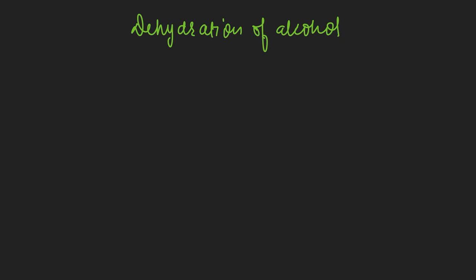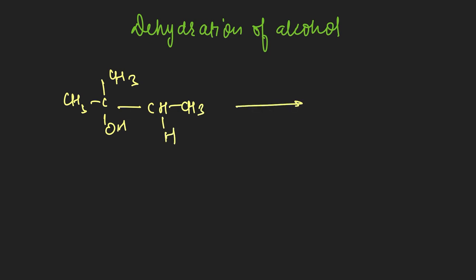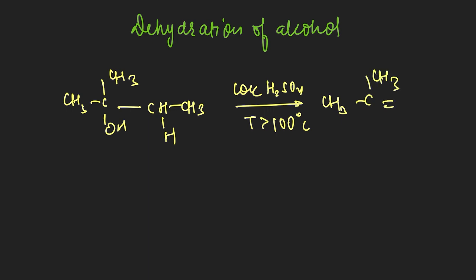Let's say we have a molecule CH3. It reacts with concentrated H2SO4 at a temperature greater than 100 degrees centigrade. It forms CH3, CH3, and forms a double bond. It dehydrates the alcohol and a water molecule gets out.